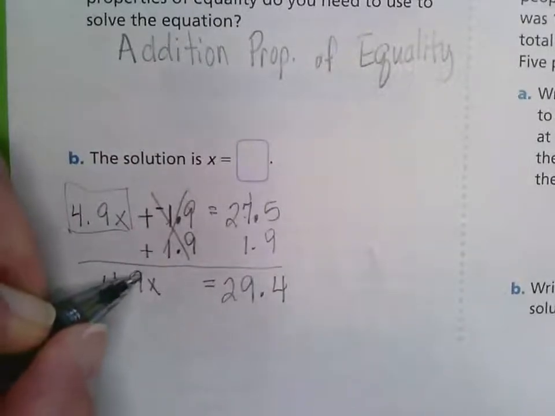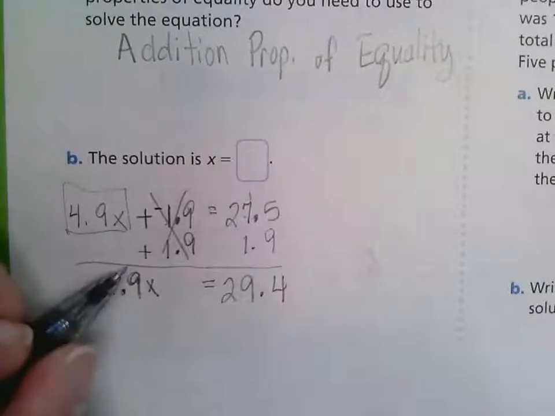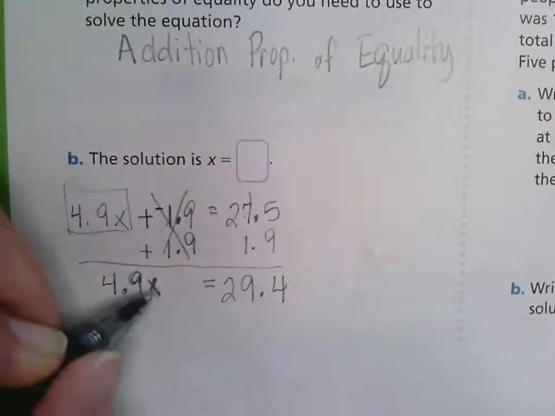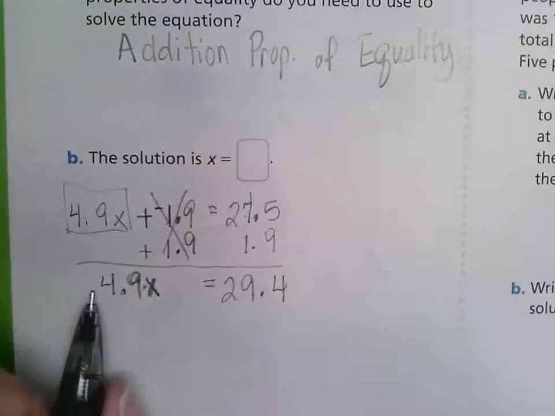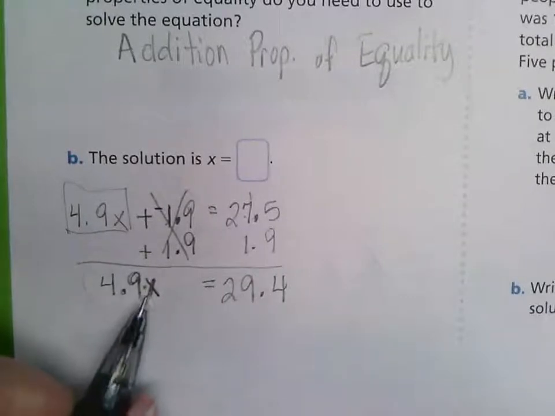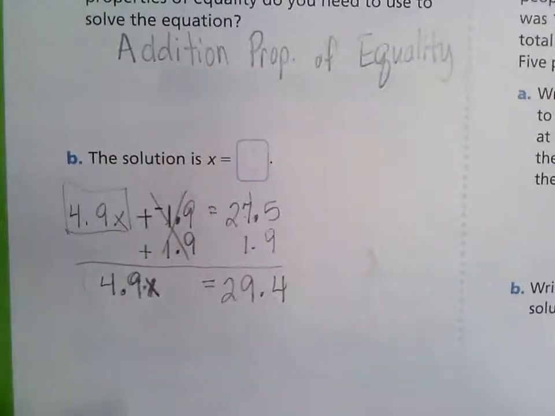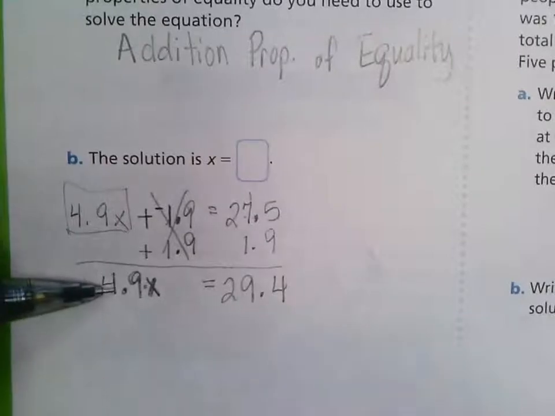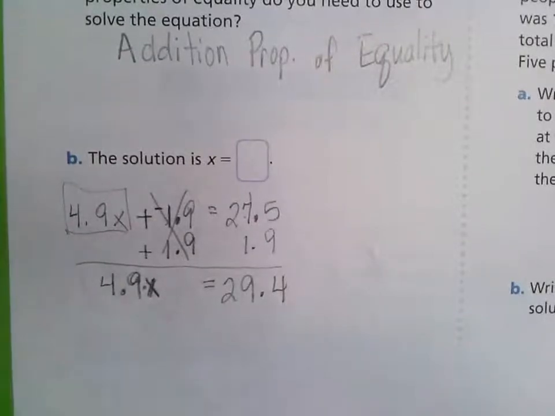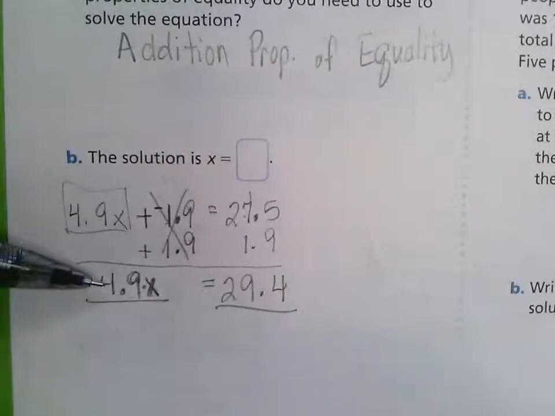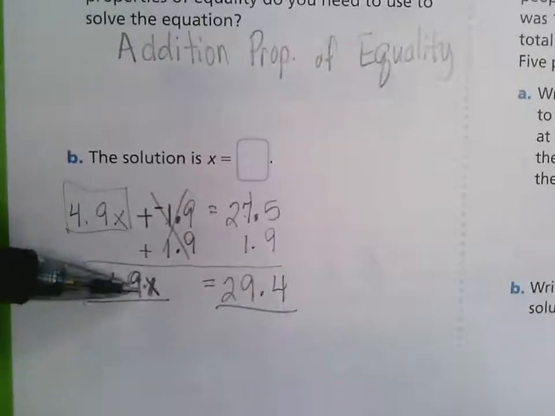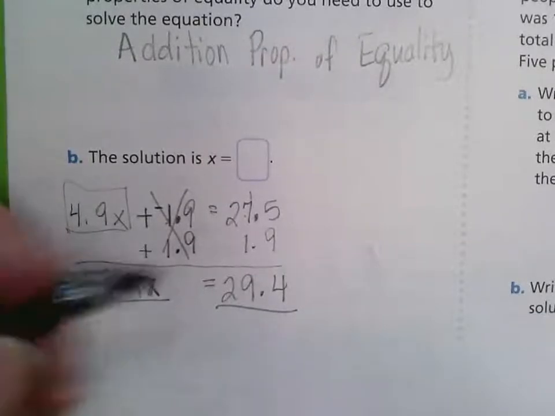So now I have only multiplication left over here, not because of this x, but because the default operation when you have a variable and a coefficient means that this quantity is being multiplied by whatever the value of x will be. So when this is multiplication, to undo multiplication, I need to do division. And what I do to undo multiplication in this case is I'm going to divide by the coefficient in front of the x.